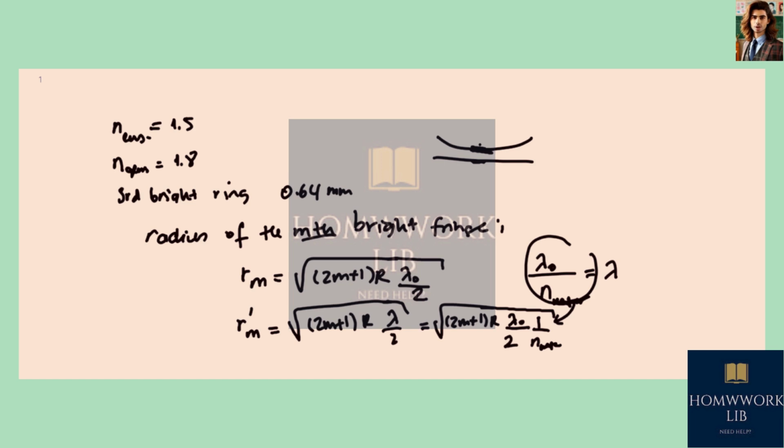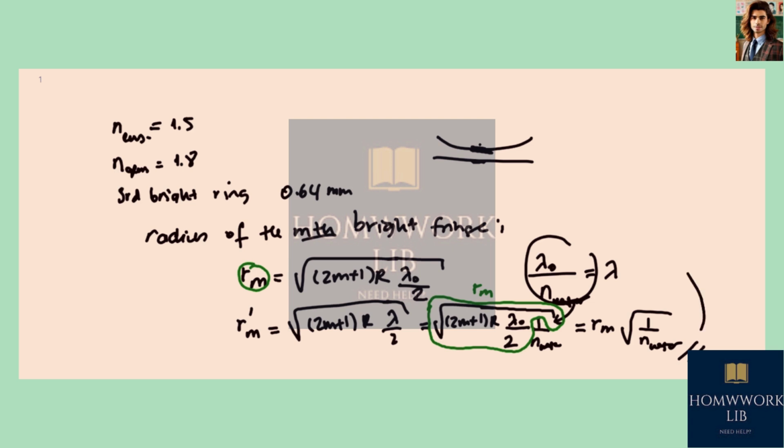Now, if that's the case, I want to show you that, except for the 1 over n water still under the square root, this term already equals Rm. So this is Rm. If we rewrite this equation, then the new diameter in terms of the old diameter is going to be Rm times 1 over the square root of n water. So all we need to do is plug in all the information into this equation.